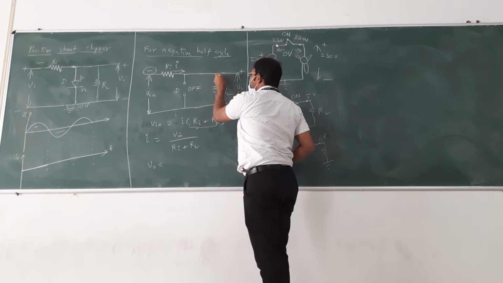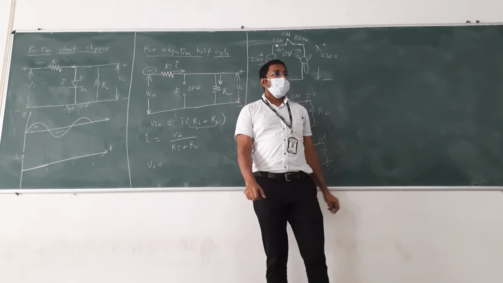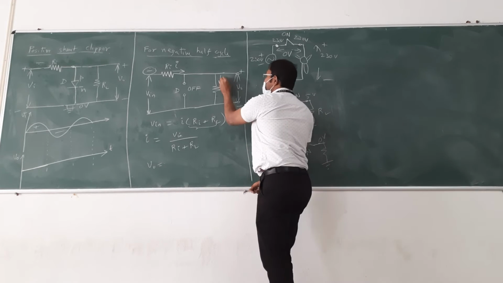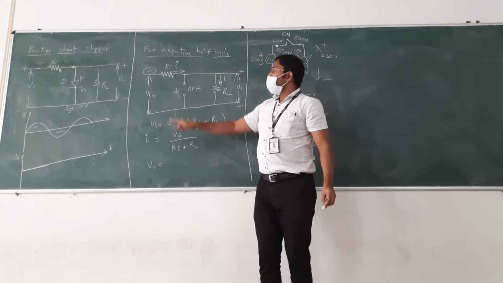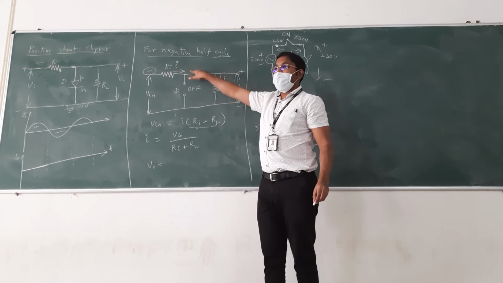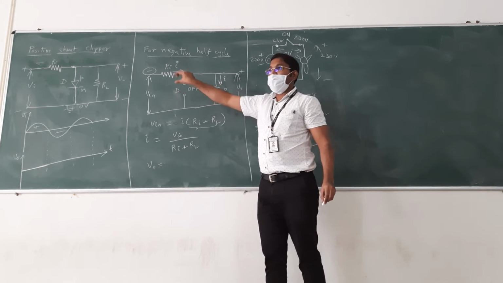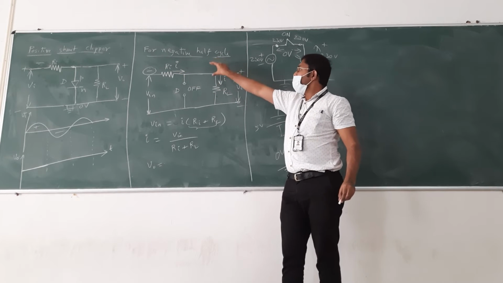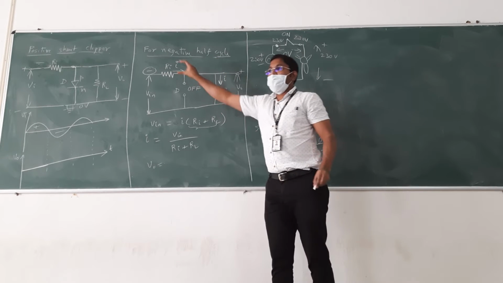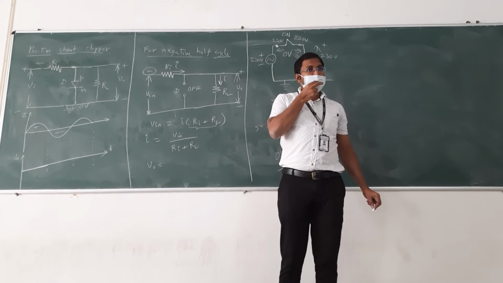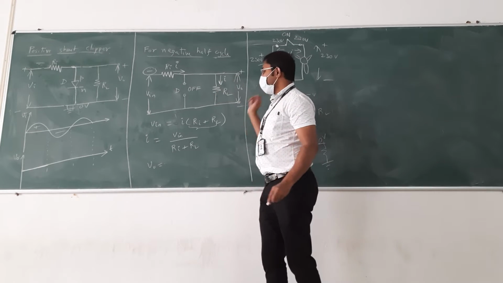So what will be the current here? I. Okay? Whatever the current that is coming here, it has only one path. Water is coming, it has only one path. So the water here will be the same. Right? So this current will be I.